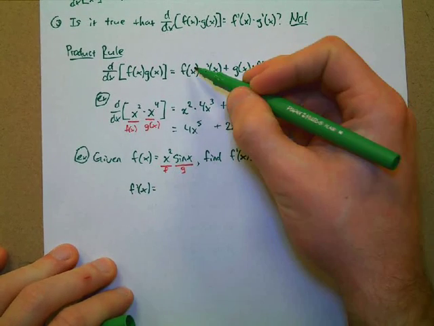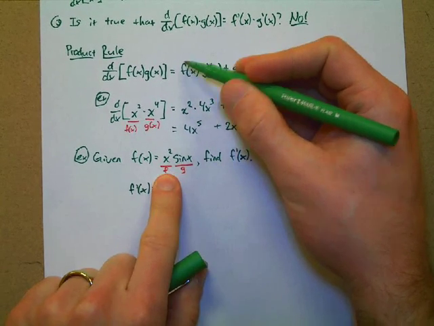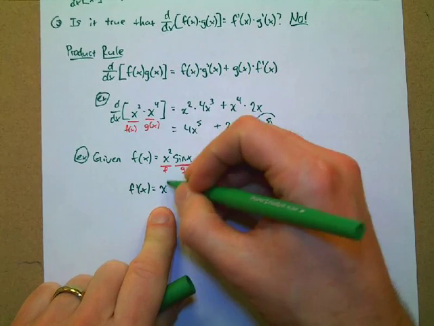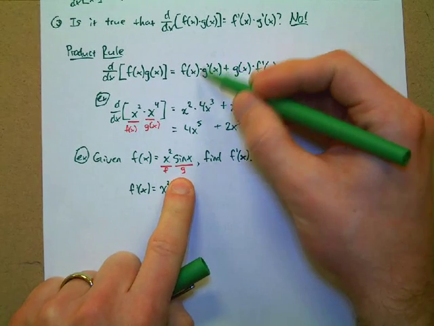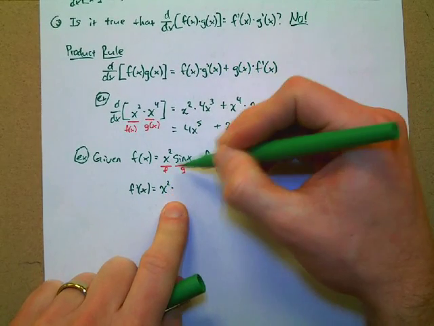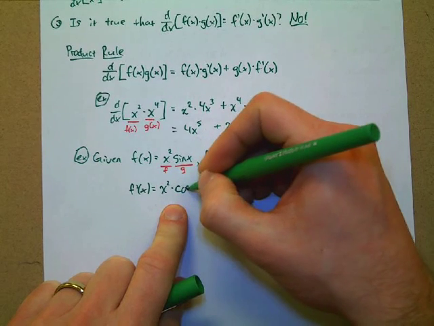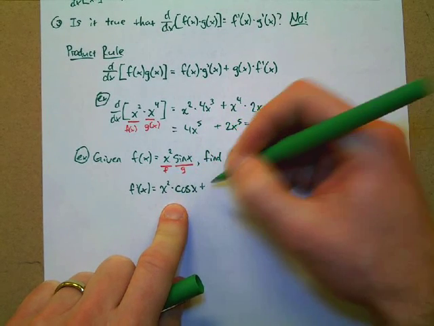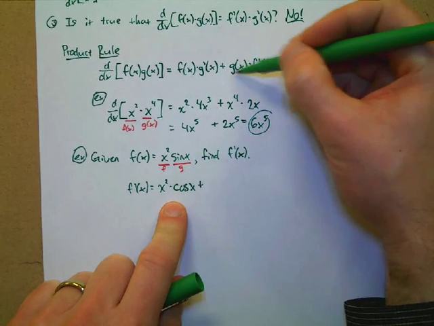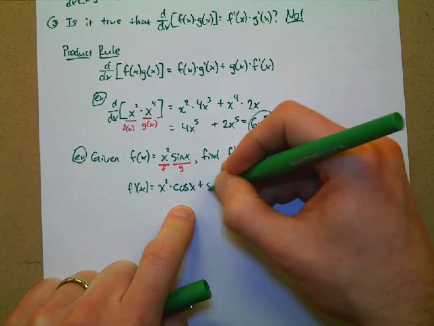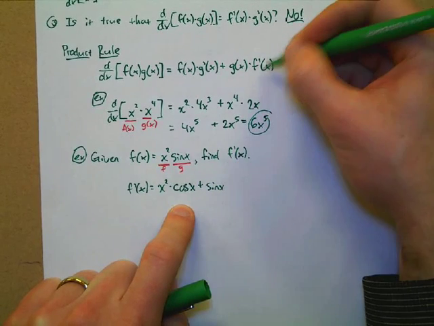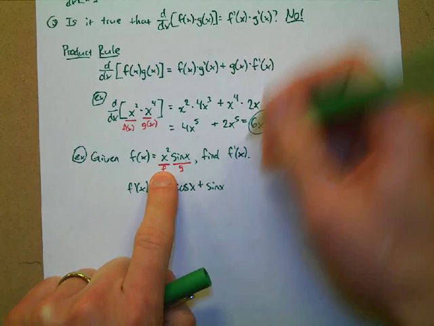And so the derivative is x squared cosine x plus 2x sine x. I'll go ahead and put the 2x out front there, like that. That's the derivative. Okay? You have no choice there but to use the product rule.